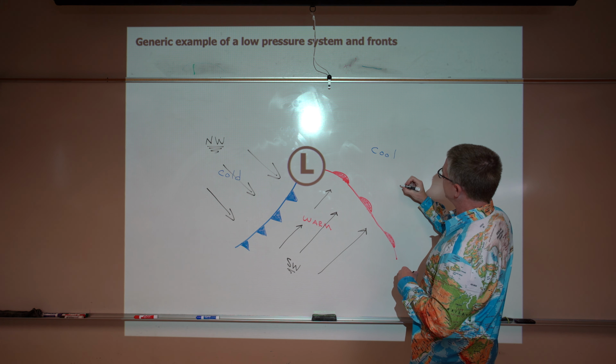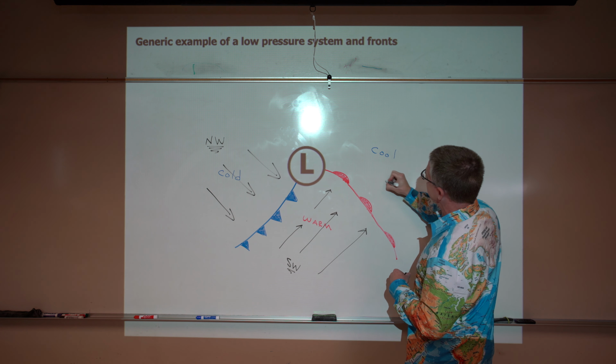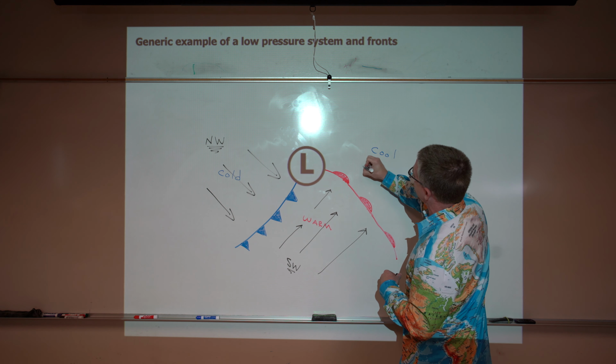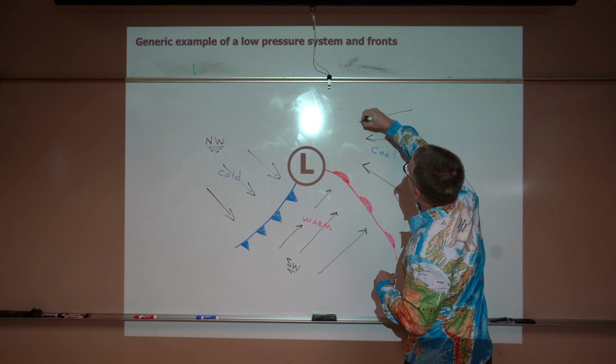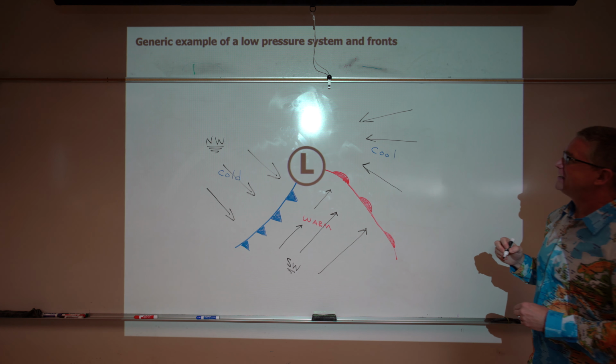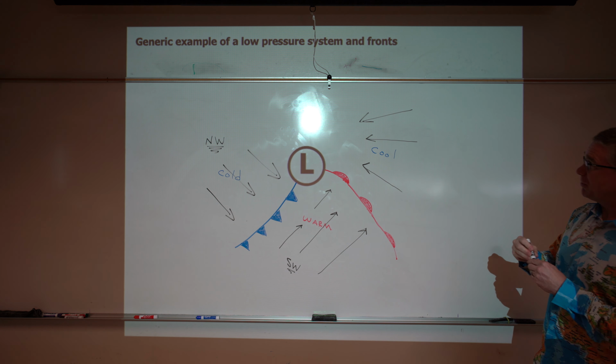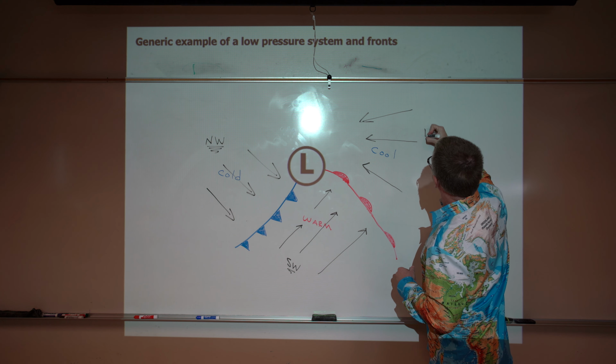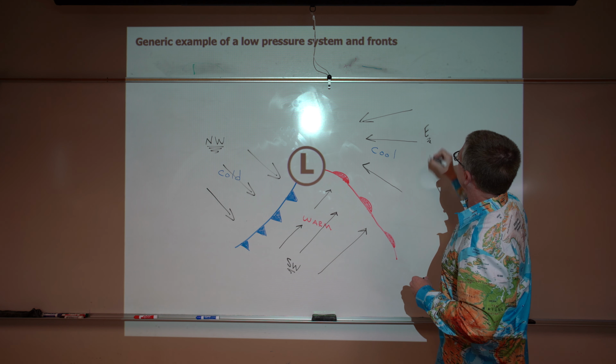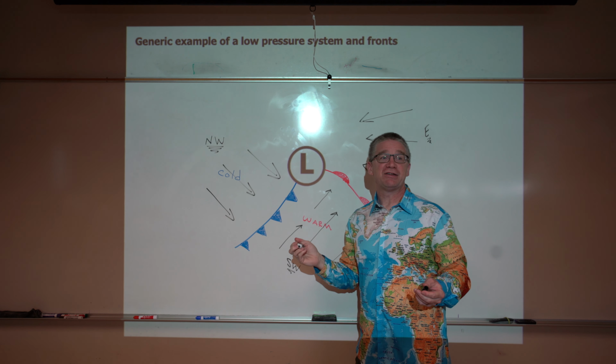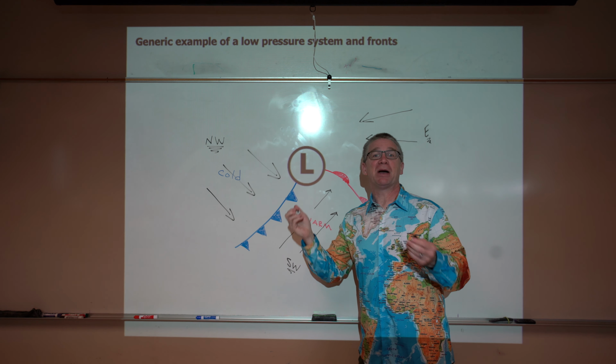So probably in this scenario, we've probably got a little east-southeast flow kind of going along here, maybe even a little northeast flow like this. But generally out of the east here. And again, it might be southeast, it might be northeast, but generally kind of out of the east.